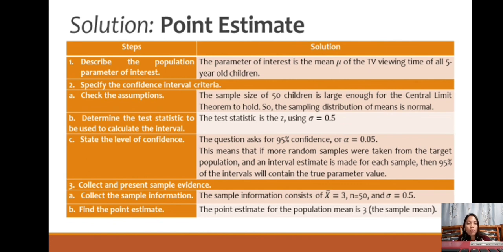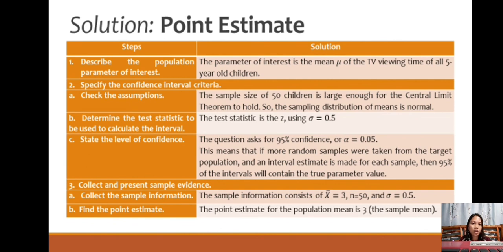For step number 1, as we all know, the interest of the given problem is the mean of the TV viewing time of all 5-year-old children. For step number 2, by CLT, the sample size of 50 children is large enough, so the sampling distribution is normal.